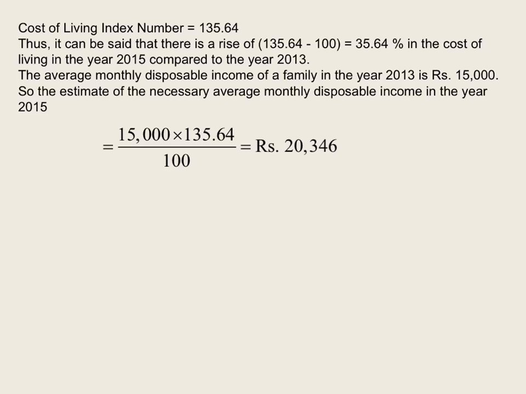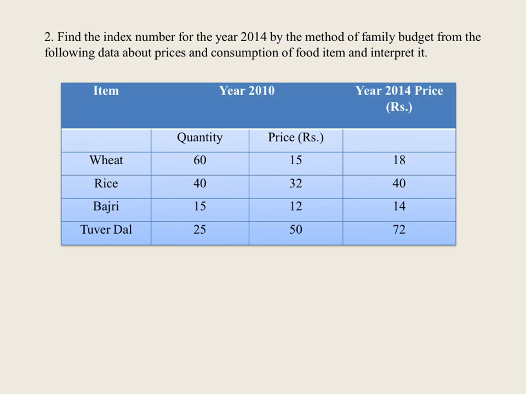If our index number is 135.64, then how much monthly disposable income? Again I repeat this step. 100 index number, then 15,000 is monthly disposable income. If index number is 135.64, then how much monthly disposable income? And that is 20,346.